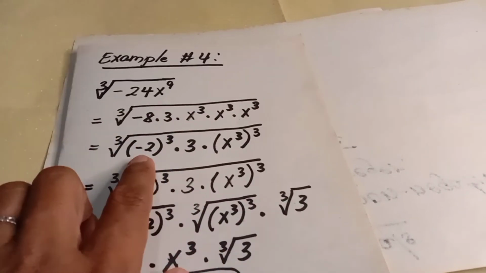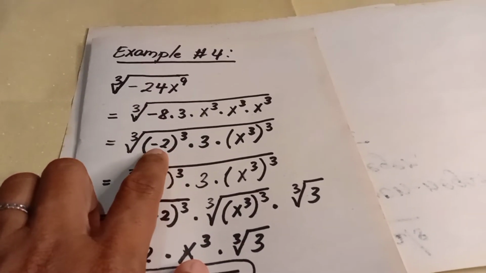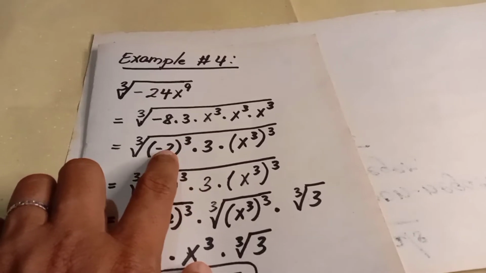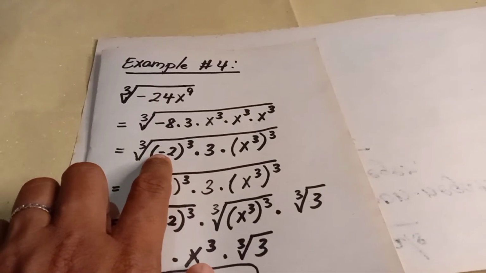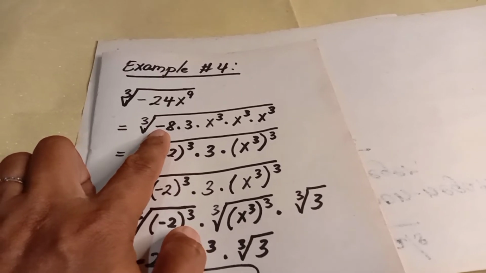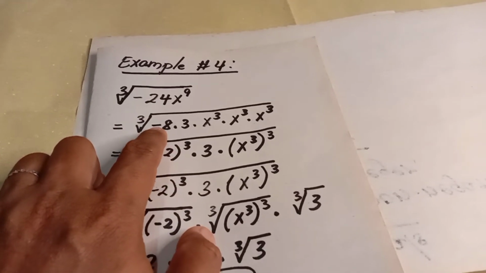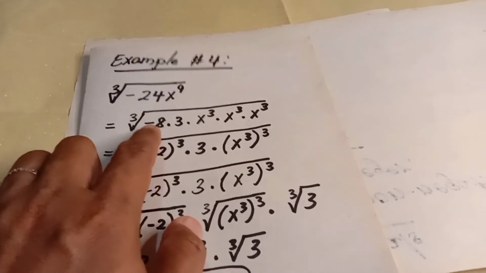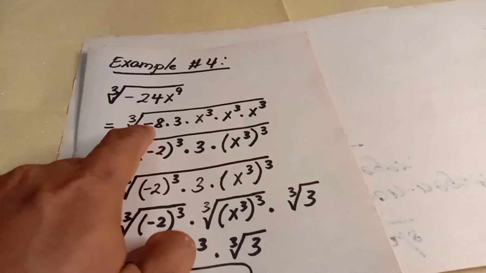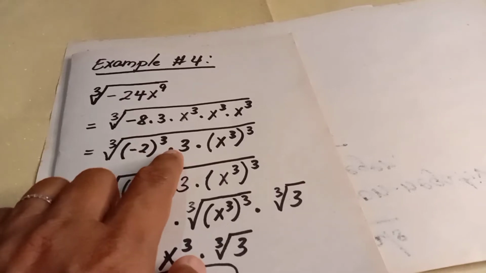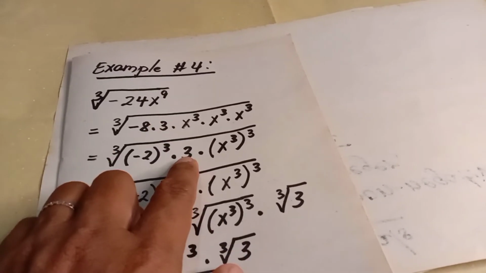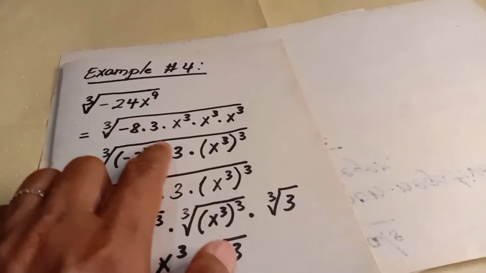Pag in-expand mo tong negative 2 to the exponent 3, ang result po is negative 8. Okay? Huwag kayong malito ha. In-express lang po natin into exponential form itong negative 8. So, negative 2 to the exponent 3 is equal to negative 8. Times 3, yung kasama niyang factor sa 8, yung 3.